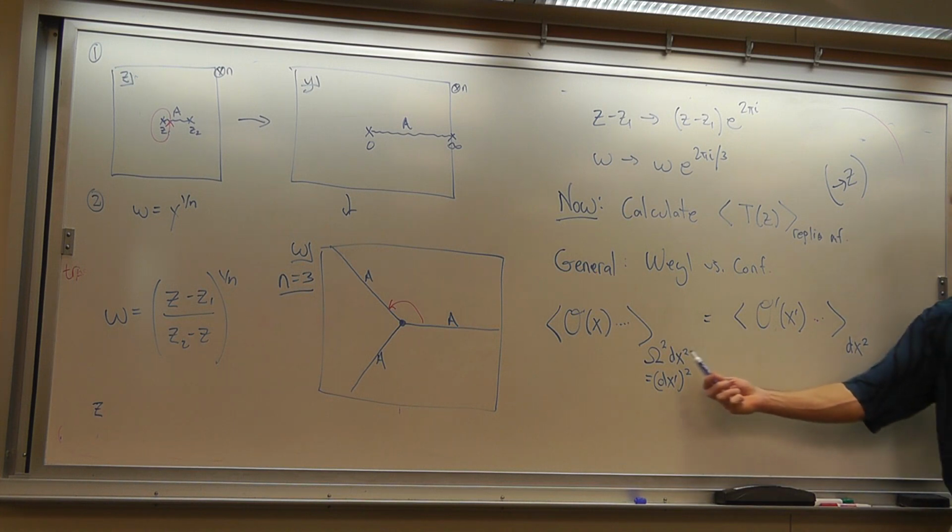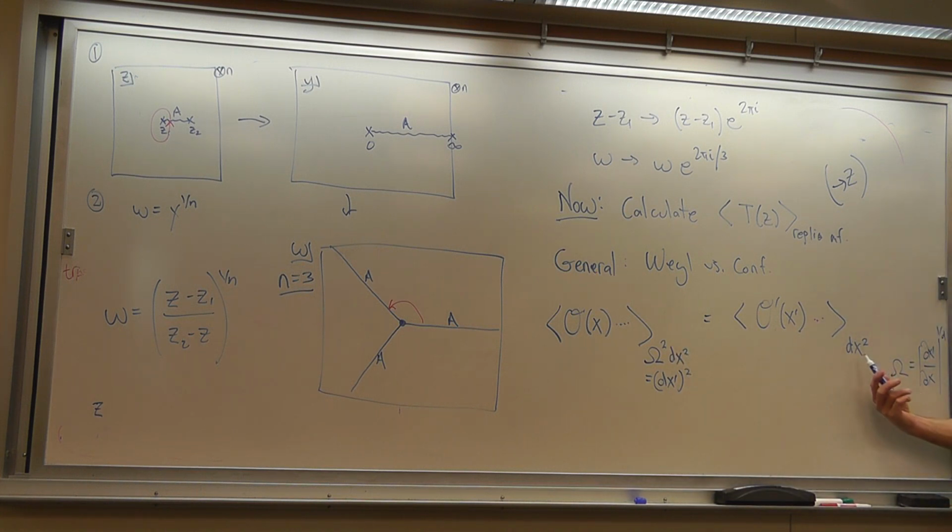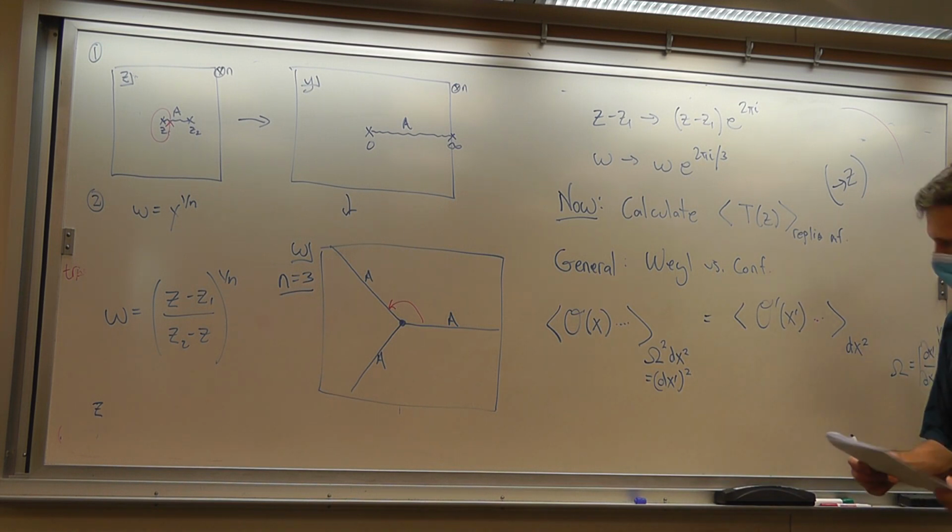There are two different metrics here, but it's a special Weyl transformation that can be realized as a diffeomorphism. So it's a Weyl transformation that can be reinterpreted as a conformal transformation. This is the formula. I had this up before, and you can find it in those notes. We're just going to use it.